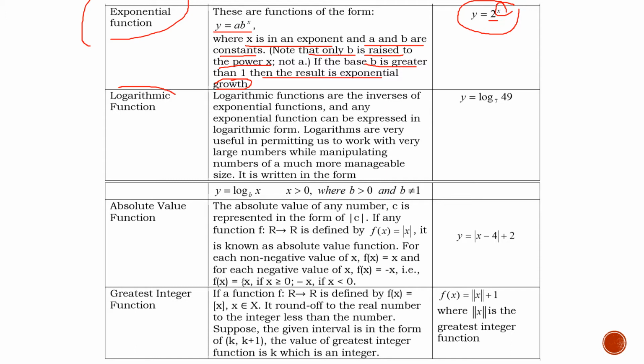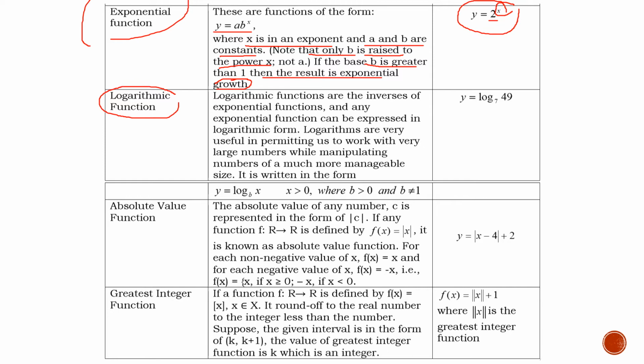Next type is your logarithmic functions. Logarithmic functions are the inverse of exponential functions. That's why there is a given conversion of exponential to logarithmic function or logarithmic function to exponential function. And any exponential function can be expressed in logarithmic form.